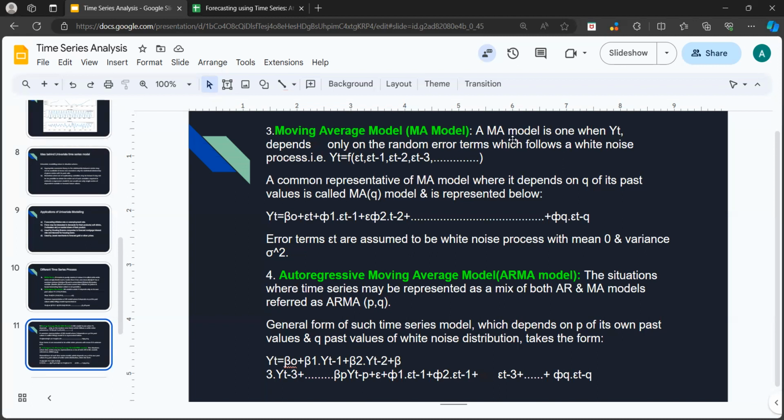Y_t will be a function of epsilon_{t-1}, epsilon_{t-2}, epsilon_{t-3}. So it's the past error terms.